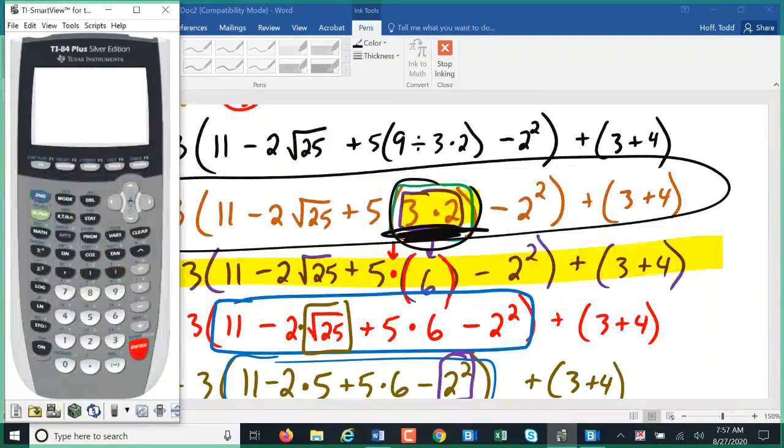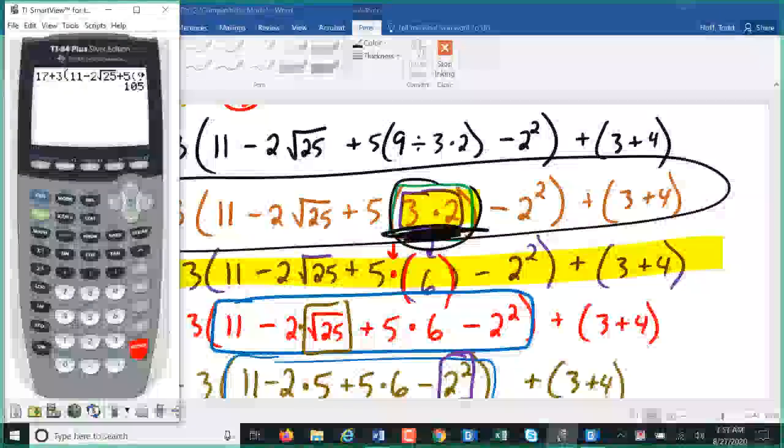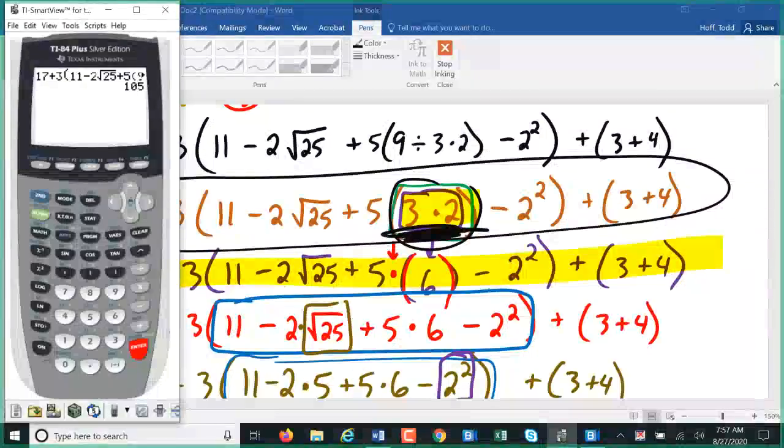As long as I did everything correctly there, you'll notice it does spit out 105. It gives us that same answer. So the calculator does do order of operations correctly. You just have to enter the problem.